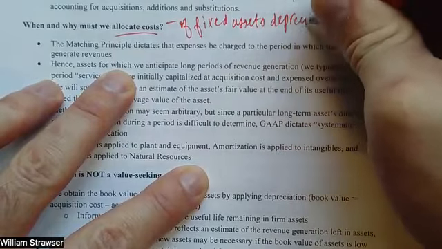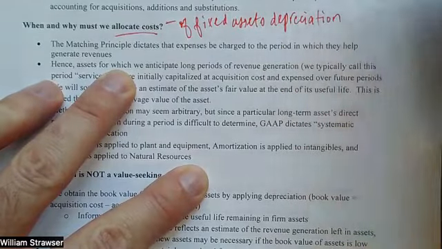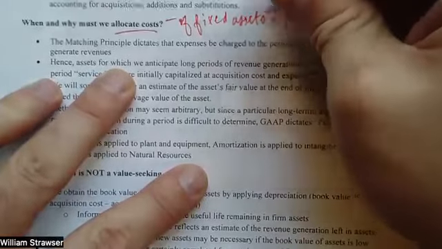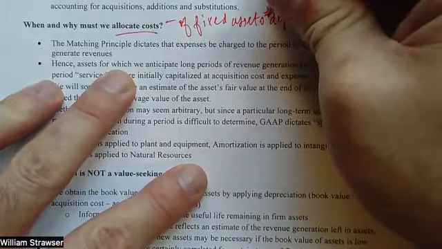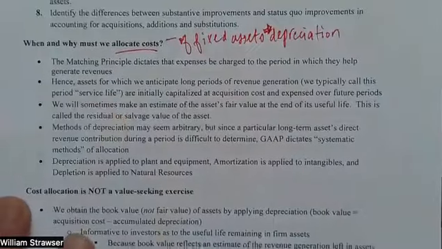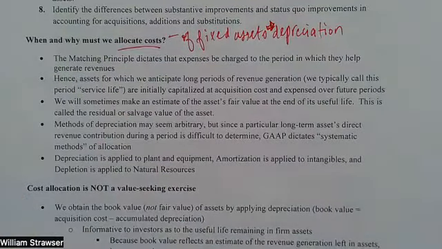And it's depreciation when applied to PP&E. It is called amortization when it's applied to intangibles. It's called depletion when it's applied to natural resources.